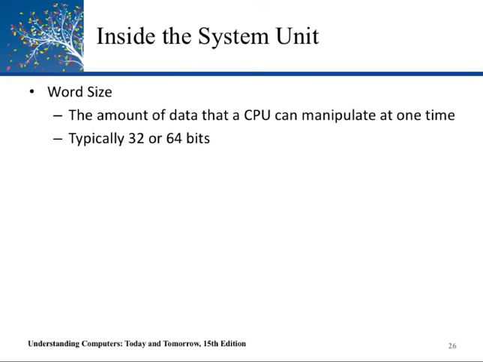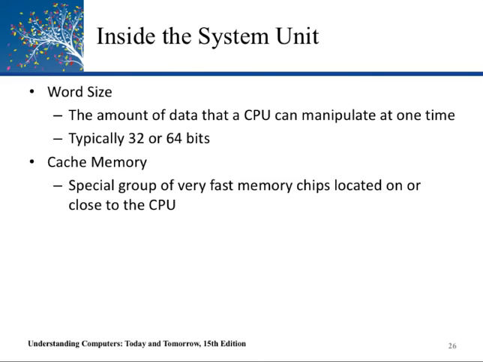And not only is it handling more data, but the place that it stores this data, its short-term memory, we call it the cache memory. Well, it's going to be bigger, and the bigger the cache, and the cache is located very close to the chip, the faster it can go. Now, we rate cache memory, or cache, depends on how you want to pronounce it, on 3 levels, 1 through 3.